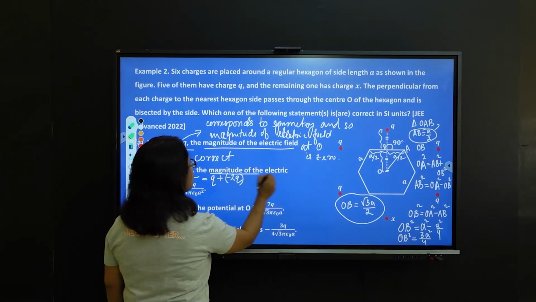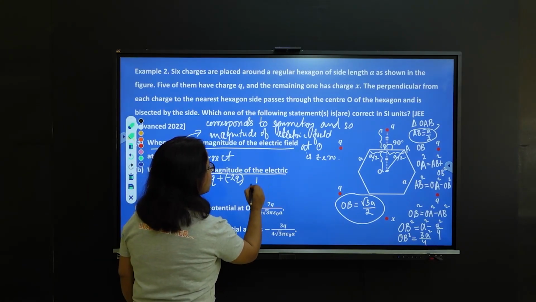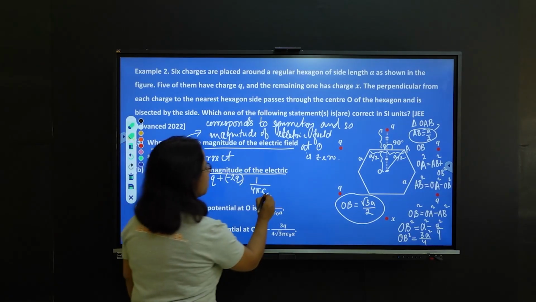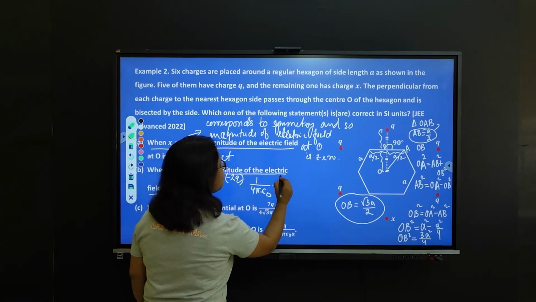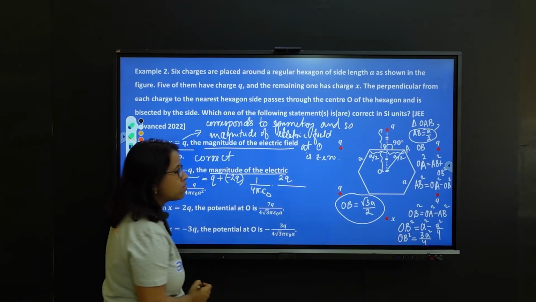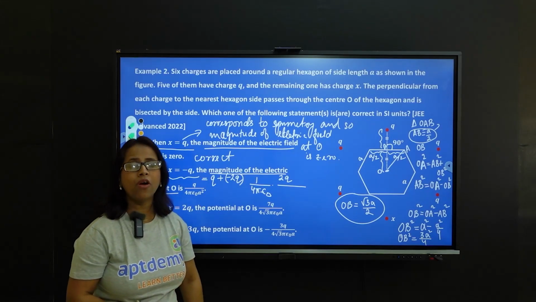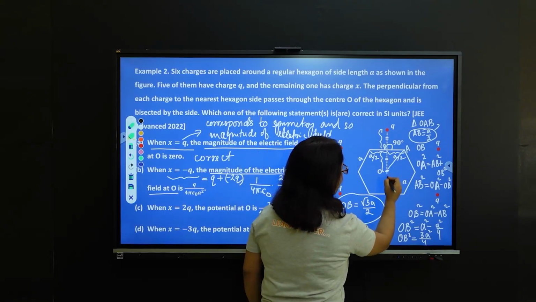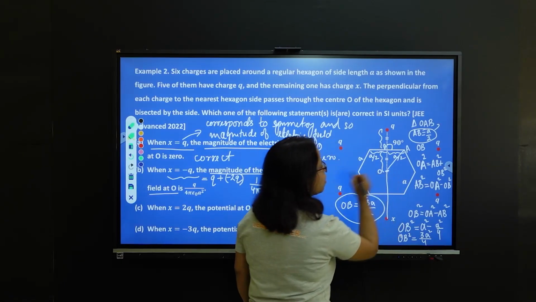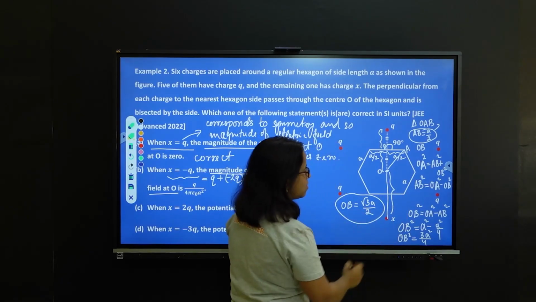Then how do we write the magnitude of electric field at O? In this case, the magnitude of the electric field will be 1 by 4 pi epsilon naught, the formula being Q by R square. Q, the charge here, is 2q, and R is nothing but the distance of the point charge from the point at which we are finding out the field. So we are concerned with this distance.